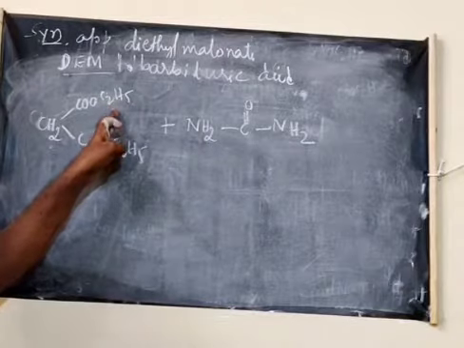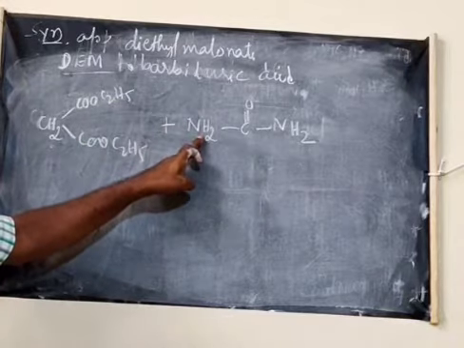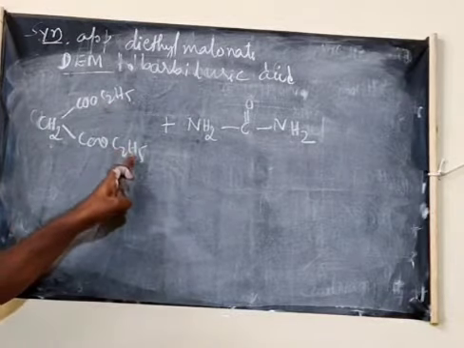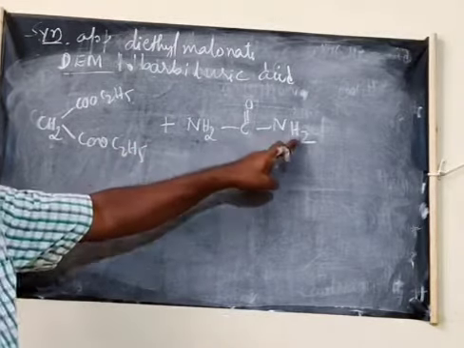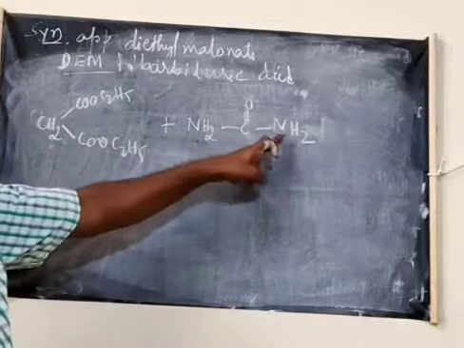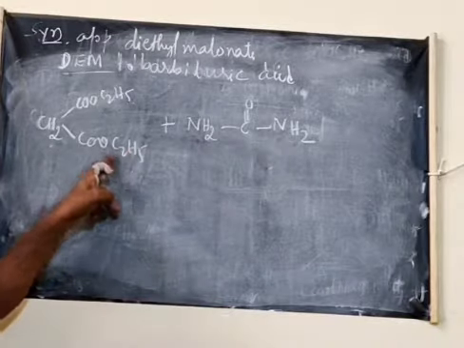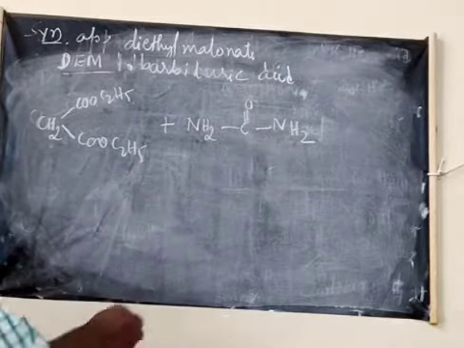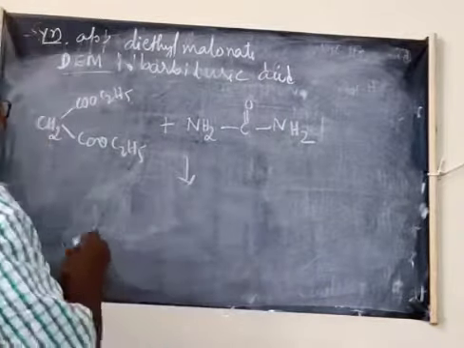Hydrogen atom from this NH2 group is eliminated as C2H5OH, and similarly another hydrogen atom from the other NH2 group is eliminated as C2H5OH, and form this compound. This is called barbituric acid.